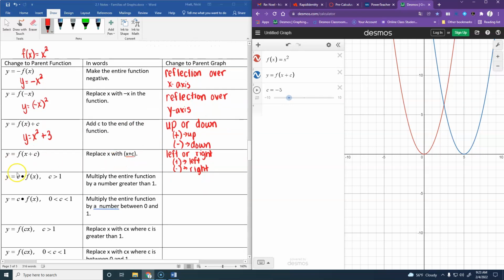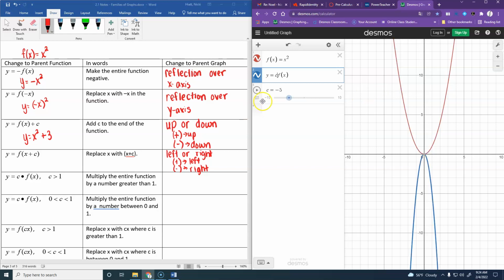All right, what about if we multiply it by a c here, and here this c is a number bigger than 1? What do you mean by get bigger? Because that could mean several things. So let's try. We want numbers bigger than 1.